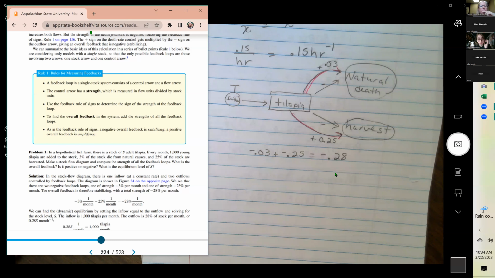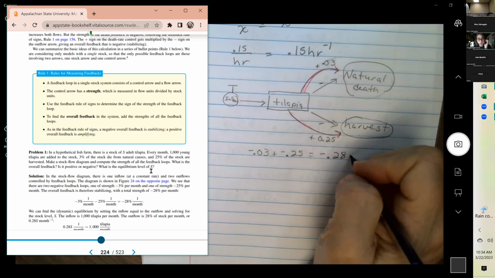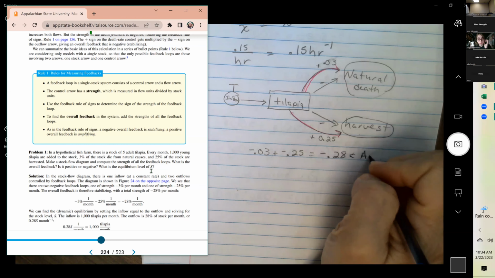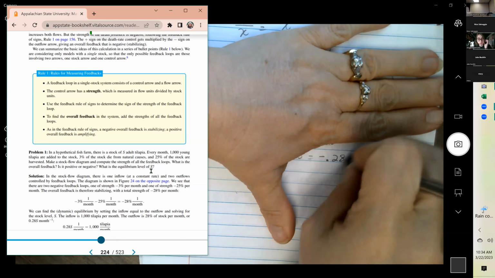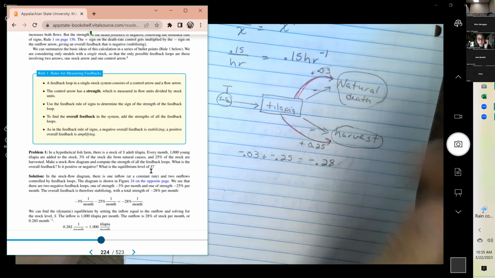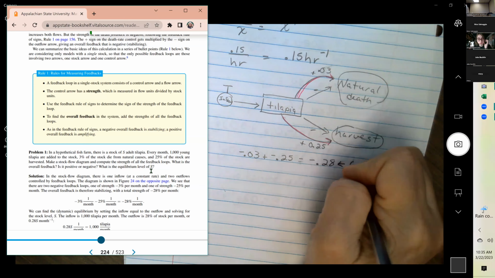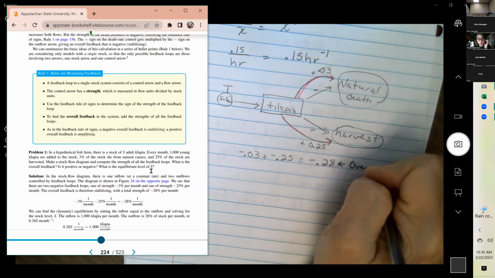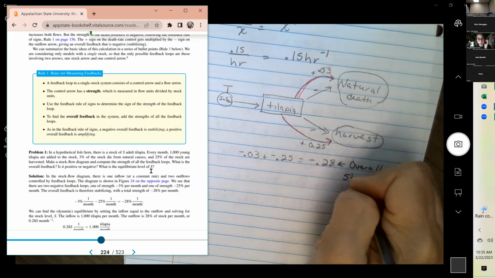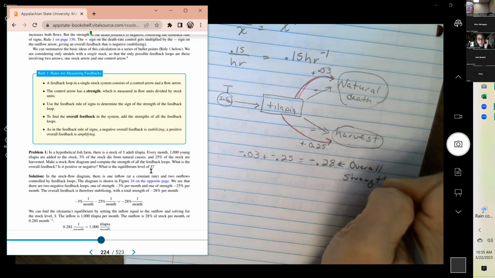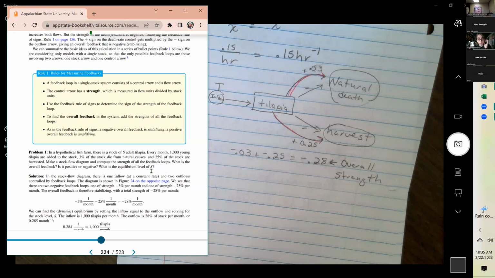Any questions on that? So this is the strength, the overall strength. This would be a good problem for like the take-home portion of the exam.